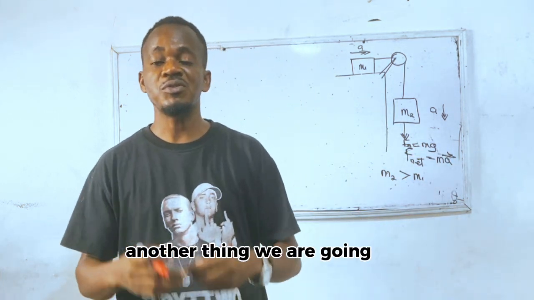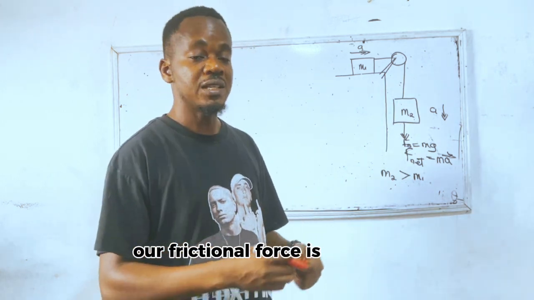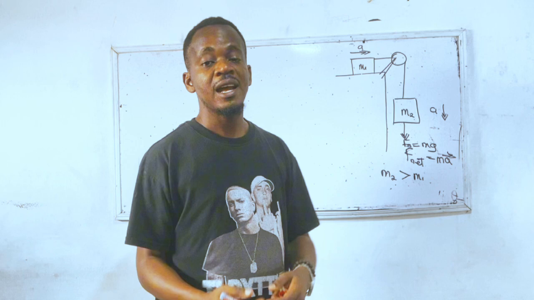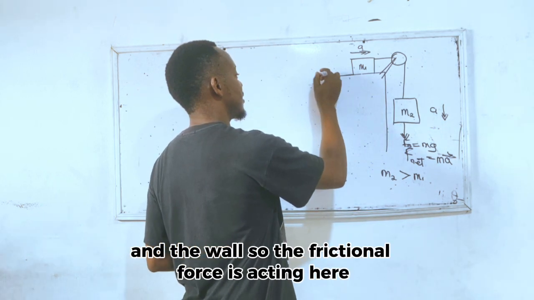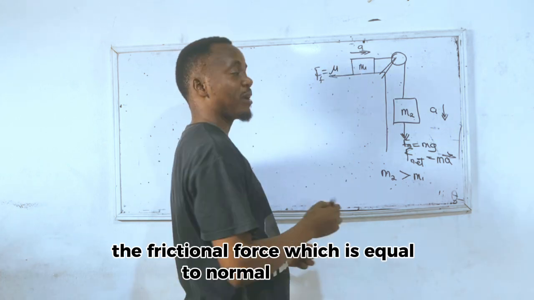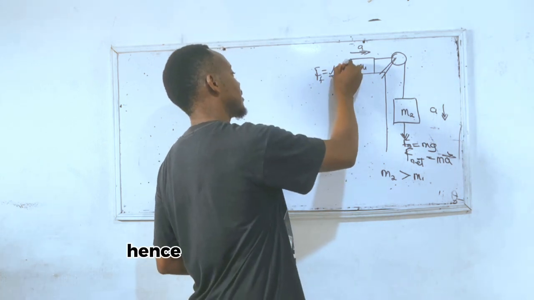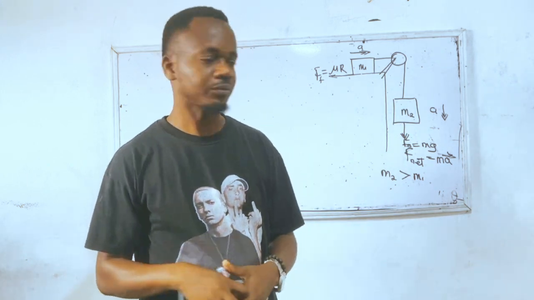Another thing we are going to note here is that our frictional force is always acting between the body and the wall. The frictional force is equal to the normal reaction times the coefficient of static friction.